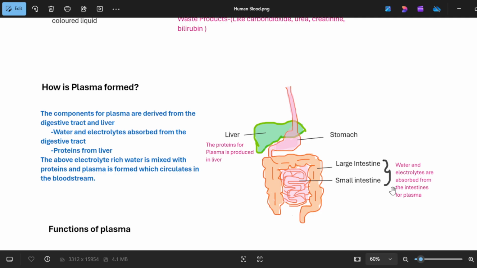Now these both mix together, these proteins and water and electrolytes, and that is what forms plasma, and that is what is circulated in our blood. So this is how our plasma is getting formed, which is circulating throughout our body.